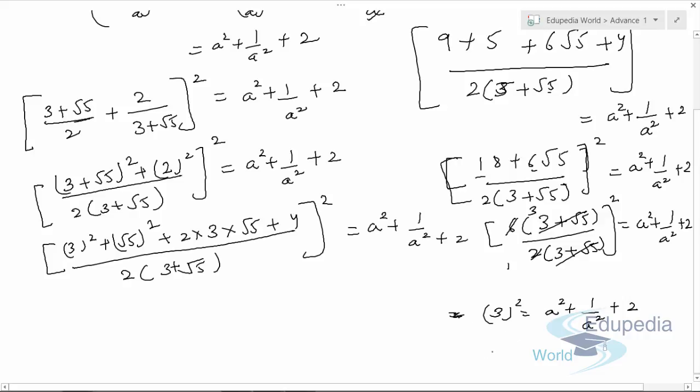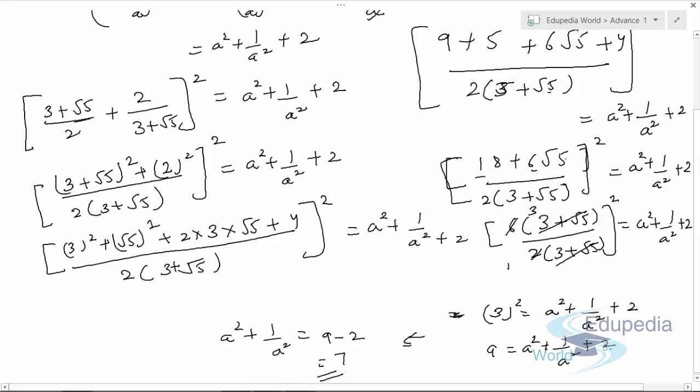So 3 square is 9, which is equal to a square plus 1 by a square plus 2. So we can shift the 2 over here, and what we get is a square plus 1 by a square equals 9 minus 2, which is equal to 7. So this is the final answer.